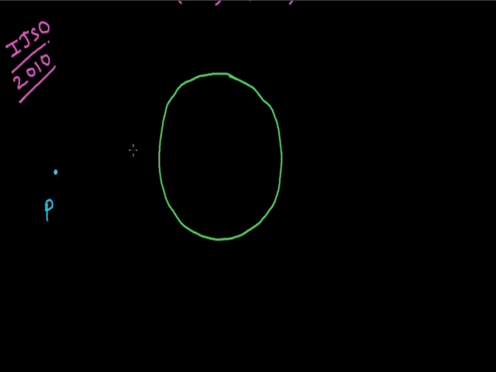It is said that the distance of this point P is 13 centimeter from the center of the circle. So suppose this is the center of the circle O, and distance of P from O is given and it is equals to 13 centimeter.